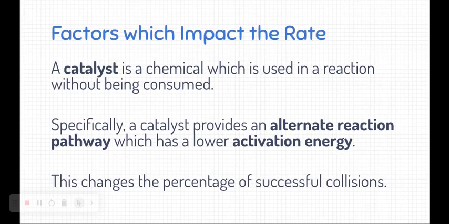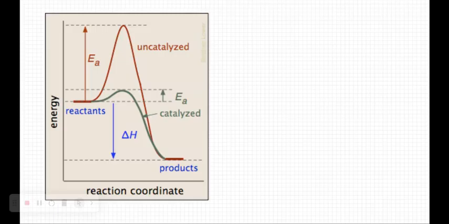Since catalysts impact the activation energy, that is going to change the percentage of successful collisions. We can illustrate the impact of a catalyzed reaction looking at a potential energy diagram. Recall that the difference in energy between the reactants and the products is our difference in enthalpy right there.